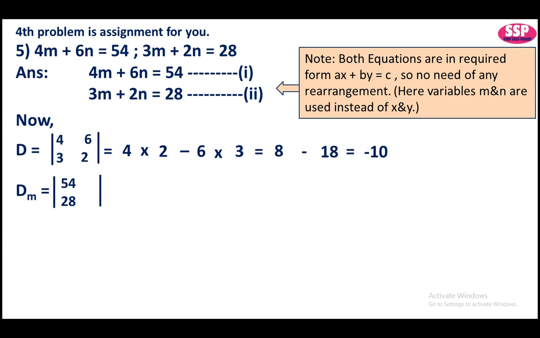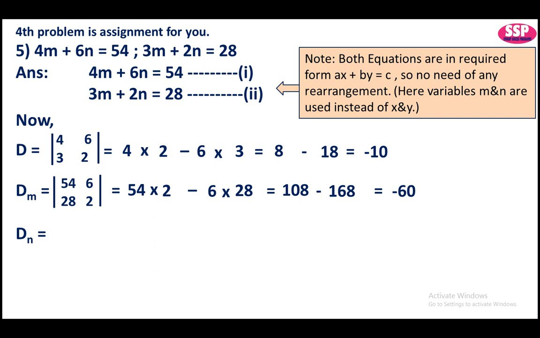Keep n coefficient as it is. Then we get 54 into 2 minus 6 into 28 is equal to 54 2s are 108 minus 28 6s are 168 is equal to minus 60.